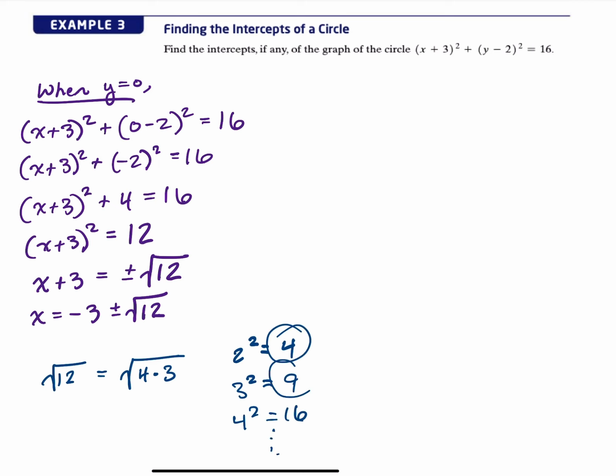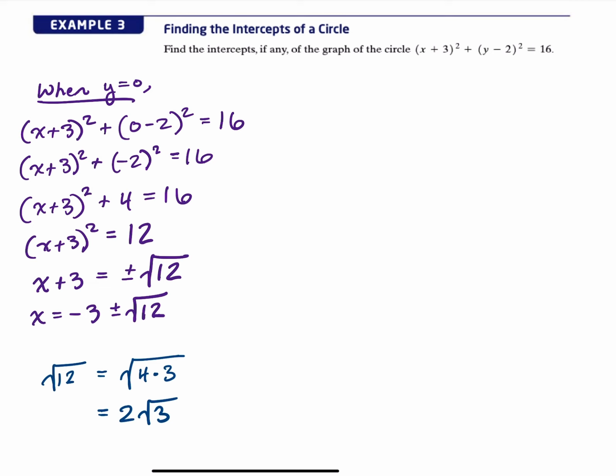Then I can take the square root of that. I know 12 is 4 times 3, and the square root of 4 is 2. So the 4 can come out as a 2, and I have the 3 left over inside. So root 12 will reduce to 2 root 3. That's what I'll use.